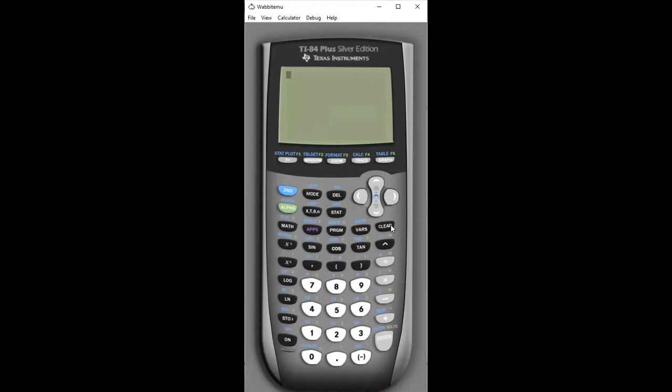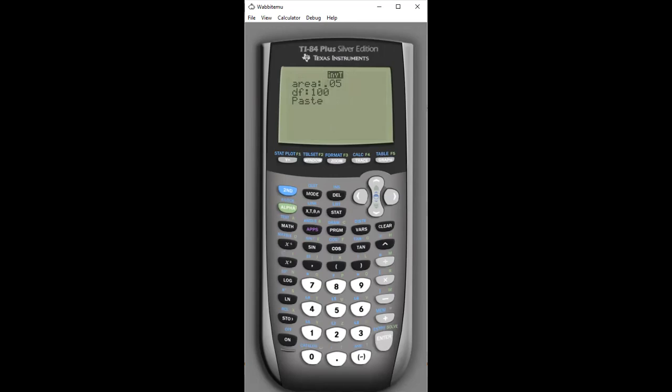Okay, in order to find the critical value, the first thing you do is press second, and then here you see the VARS, the top is DISTR. So I hit that because I want to find the distribution. Now you go to inverse T. Okay, so now you want to find the area.